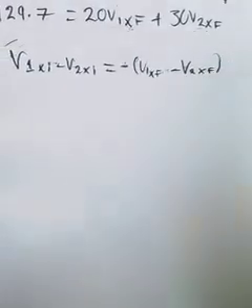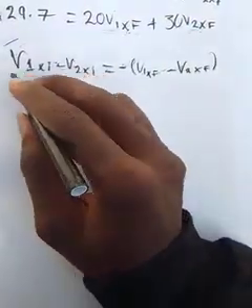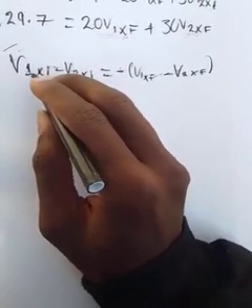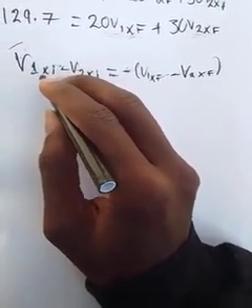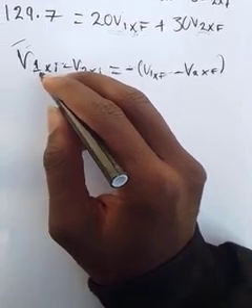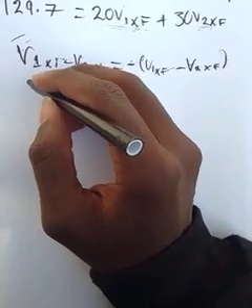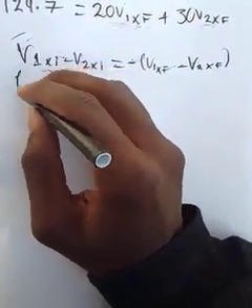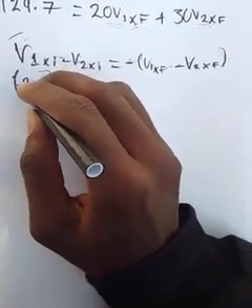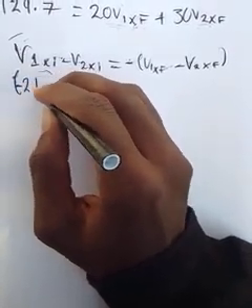So put the initial velocity for the first object. It was negative 21.7, right?